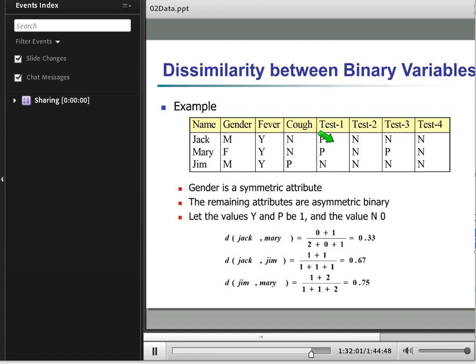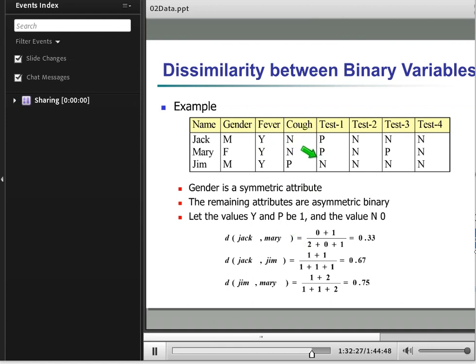For Jim and Jack, Jim and Jack are different in cough and test 1. Okay, so here we say in 2 cases, both of them are positive.